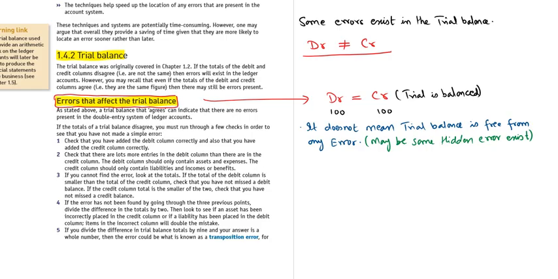So we have a total of 6 errors. Although the trial balance is balanced, we still have 6 different types of error that affect the trial balance, although the total debit and credit are equal.